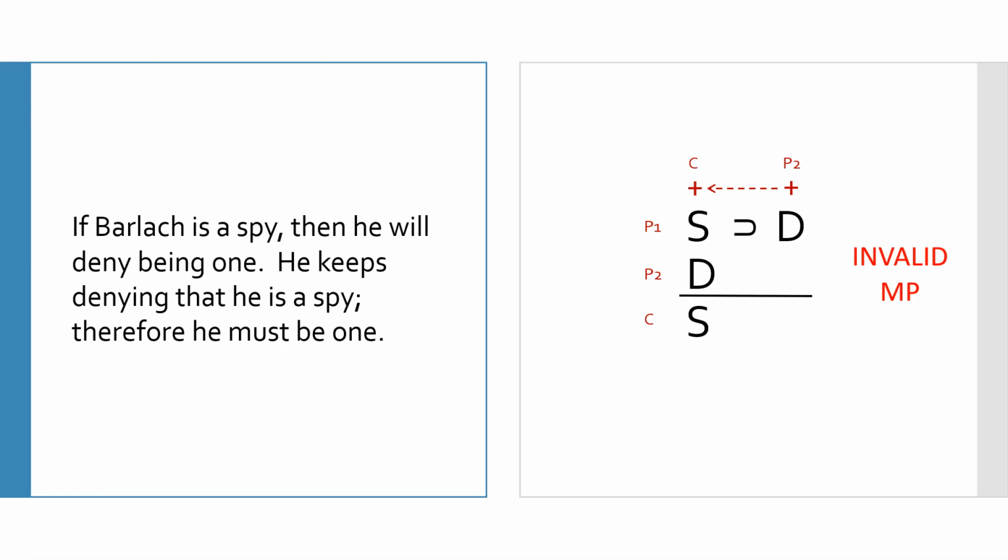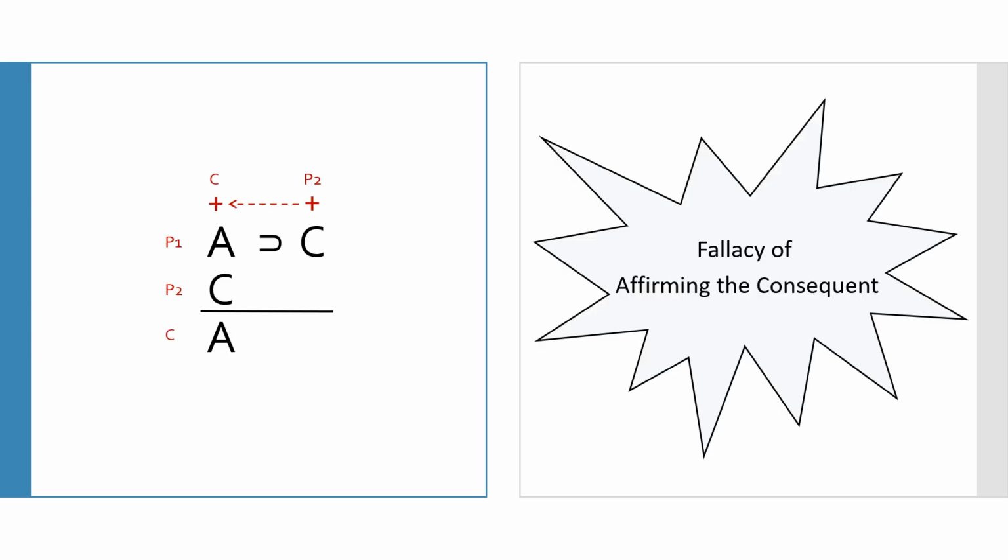And this is an invalid form of a modus ponens. Now, what we get here is called a fallacy of affirming a consequent. And if you stop and think about why we give this name to this particular fallacy, what it does in the second premise is simply affirm the consequent, and that's an invalid form. A valid form will affirm the antecedent, not the consequent.